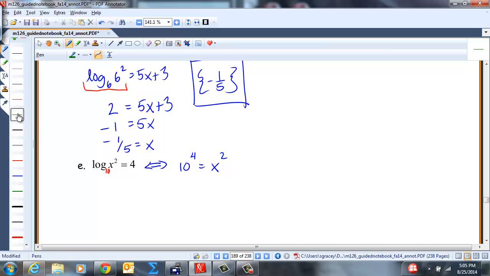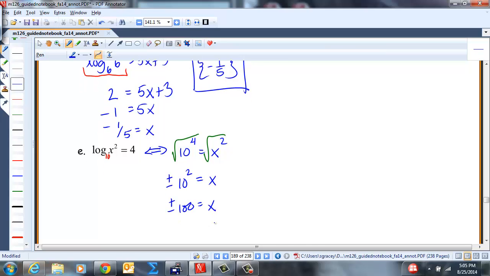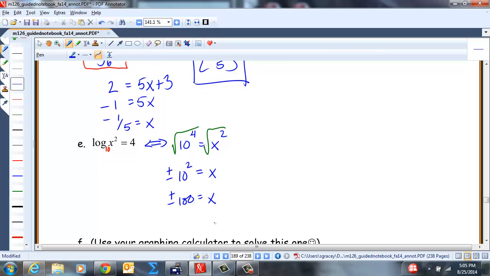So if I go straight from there and square root both sides, I will get plus or minus 10 squared is equal to x. So plus or minus 100 is equal to x. And you have to take a look at that negative, but the negative will be okay because you're squaring the inside, right? You're squaring the inside.